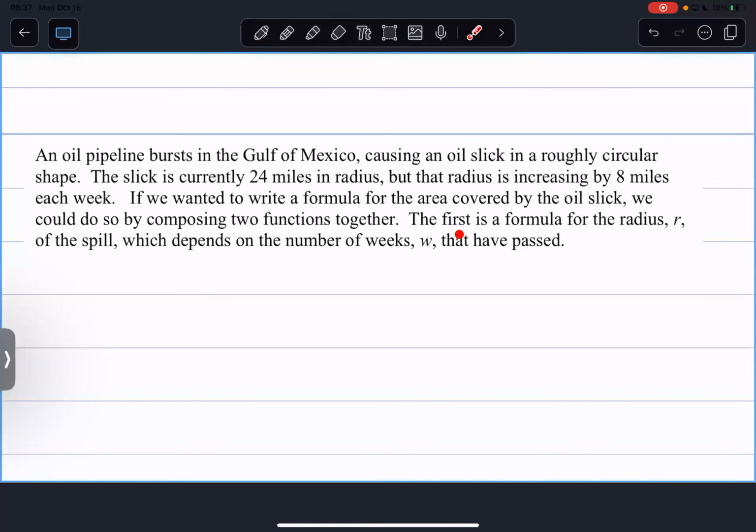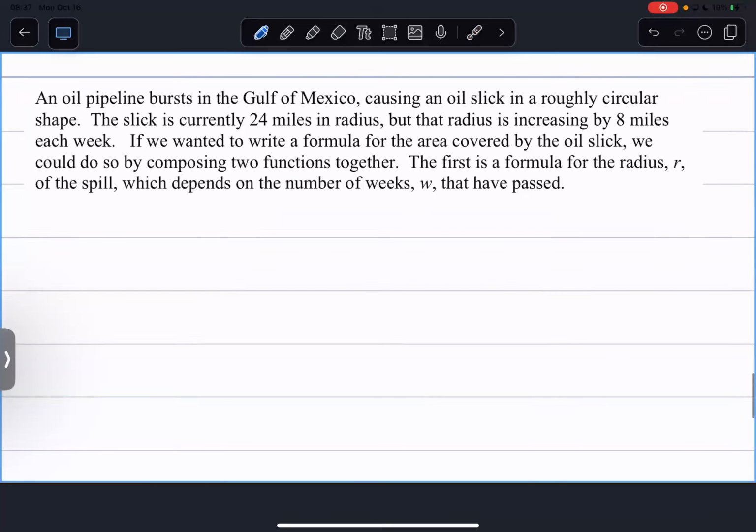First, we need a formula for the radius, right? Which depends on the number of weeks. And then I can put that into the area function of a circle to find how quickly it's changing. So in general, what does this look like?